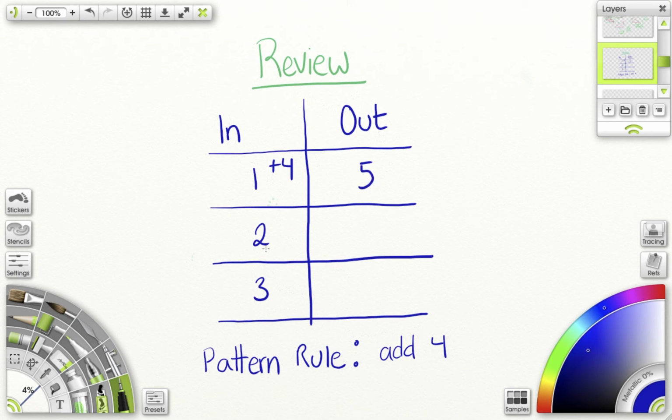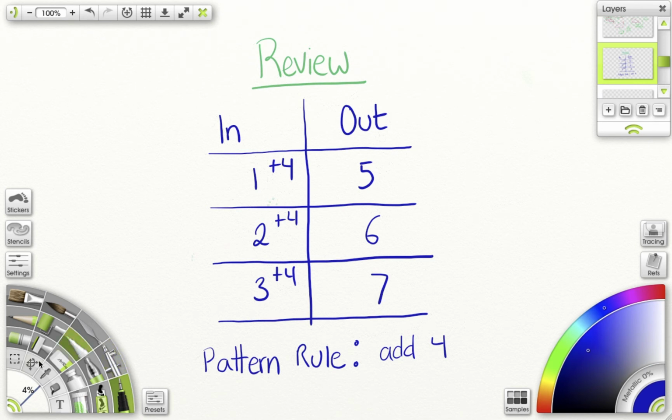The second one, same rule, I add 4 to it, so 2 plus 4 equals 6. So my output number is 6. Next one is 3 plus 4, so 3 plus 4 equals 7. So that's our pattern rules for our simple addition.